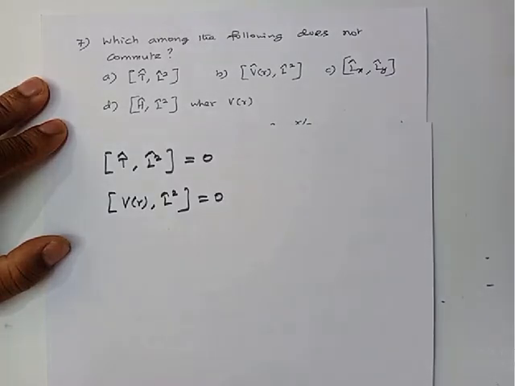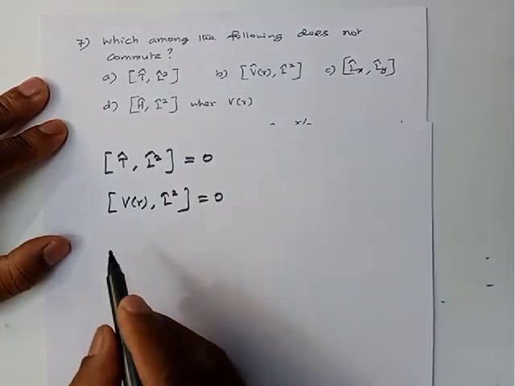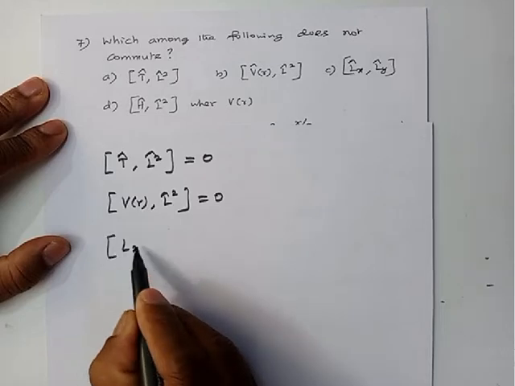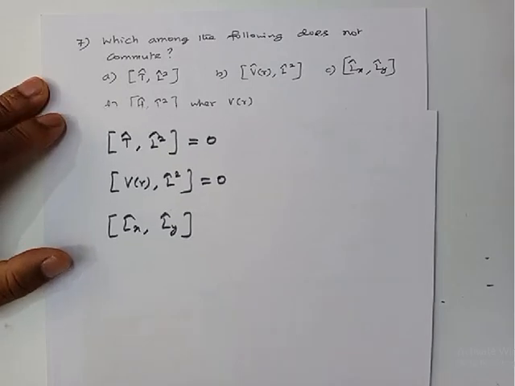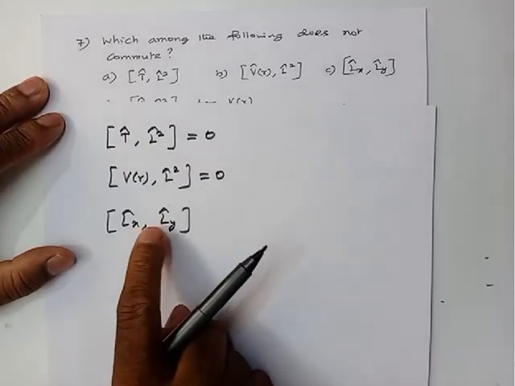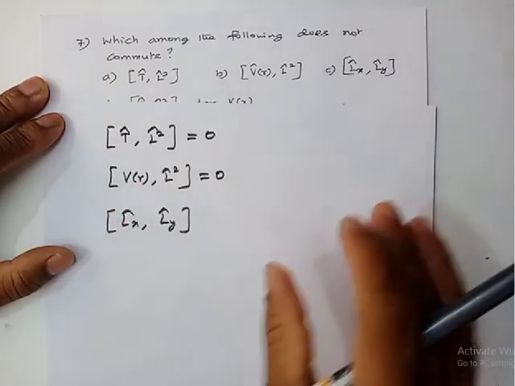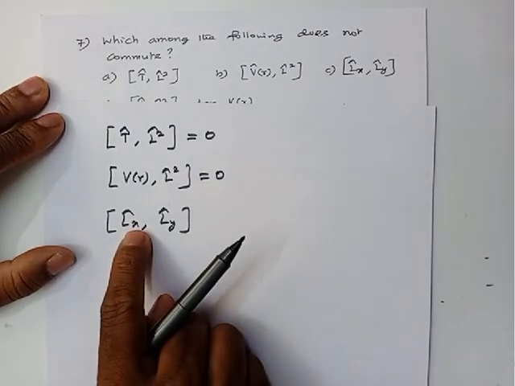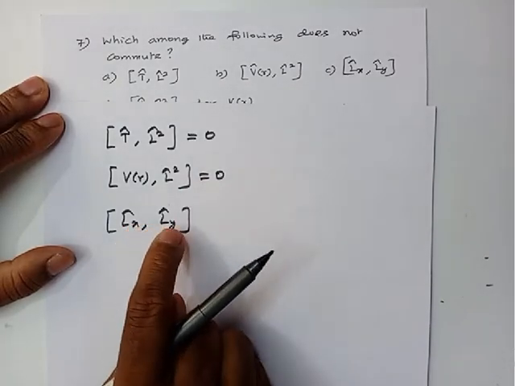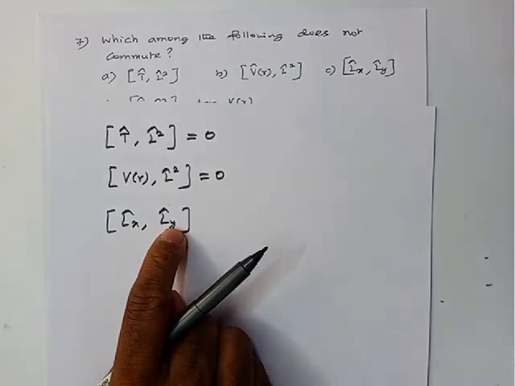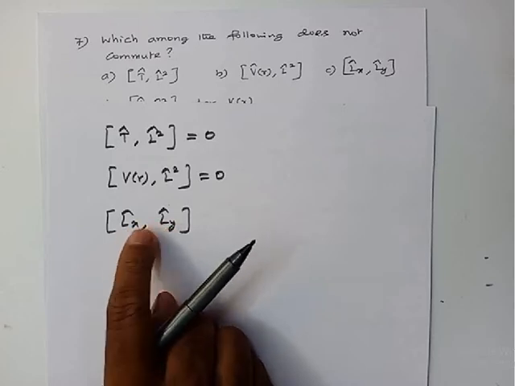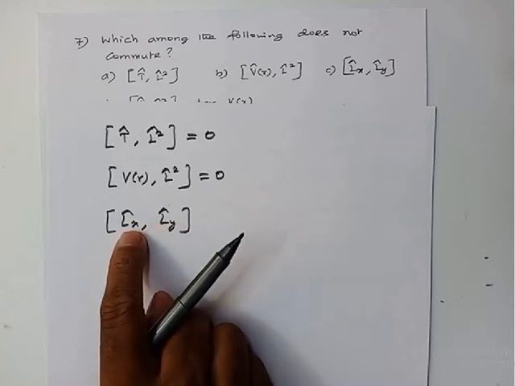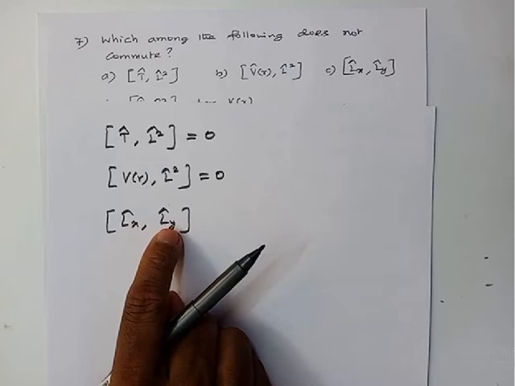Then option C. In option C, we have the Lx operator and the Ly operator. Students, observe carefully. If you see their formulas, Lx has a theta and phi function. Ly also has a theta and phi function. They are independent of R. Lx depends on theta and phi, Ly also depends on theta and phi.